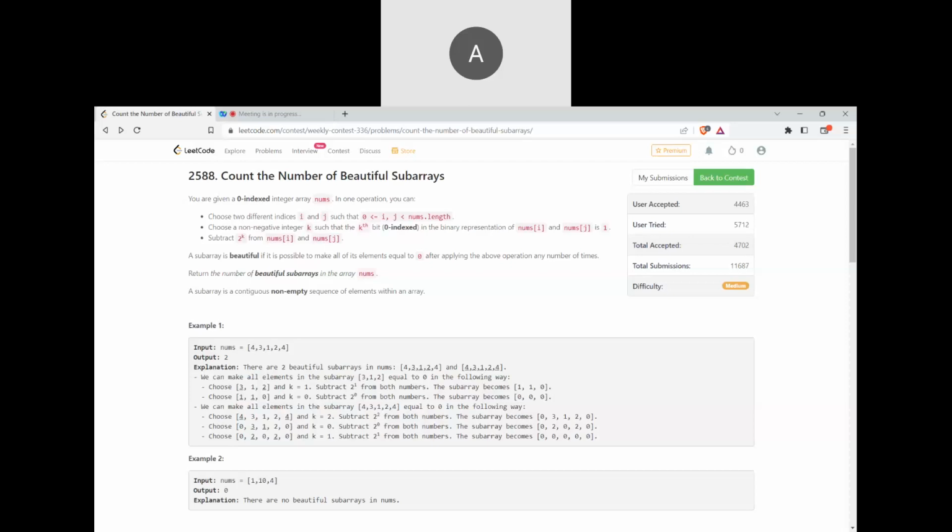Suppose the numbers are 1 and 3. For the number 1, the binary representation will be 0 1, whereas for 3 it will be 1 1. So in both these numbers, the bit 0 is set.